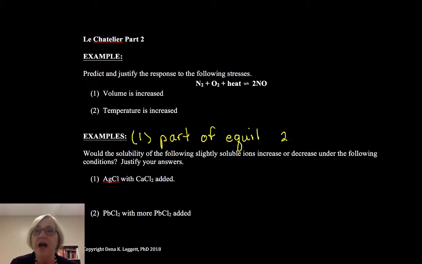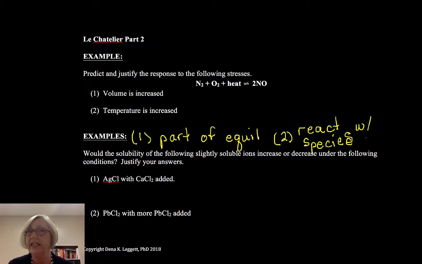And if it's not, 2, will it react with a species in the equilibrium? Sometimes that's how we decrease a substance: if I can cause it to react and precipitate, then I can remove it from my equilibrium system. So you always want to ask yourself that as you're adding these things.